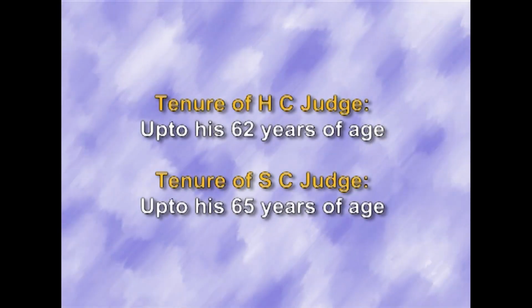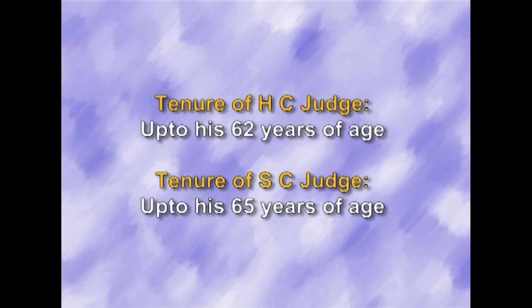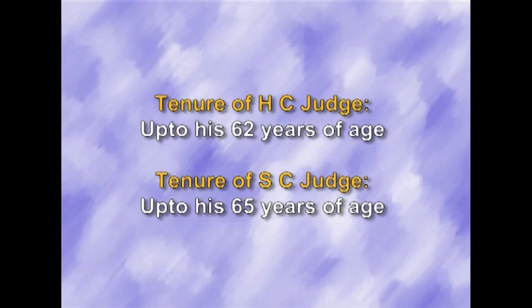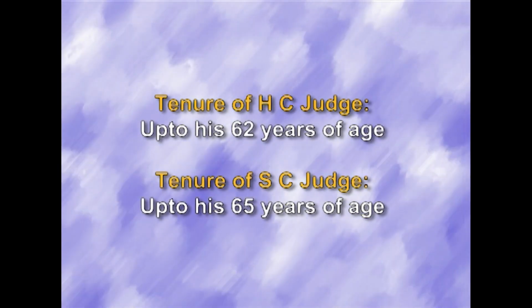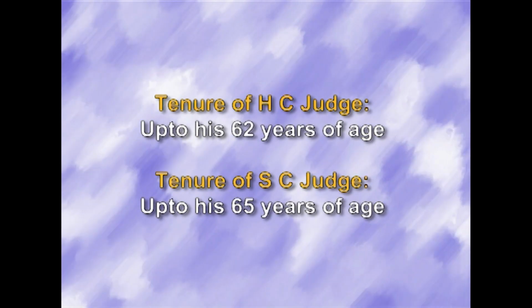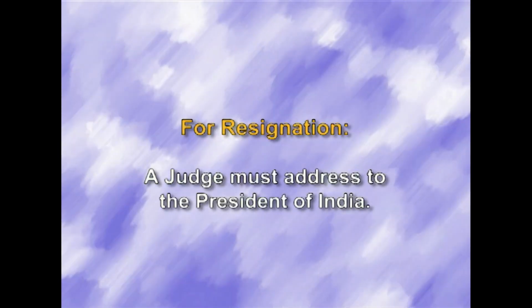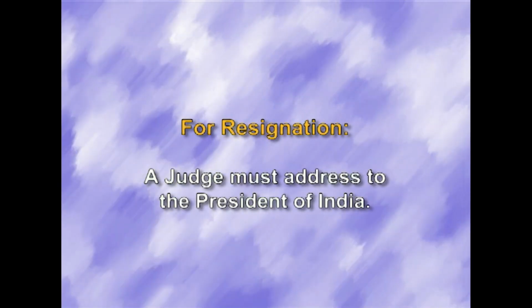His tenure, that means he retires at the age of 62, unlike a Supreme Court judge who retires at 65. He may resign before his retirement. The resignation must be addressed to the President of India. There may be a vacancy caused by his transfer from one court to another, from Calcutta High Court to Madras High Court.